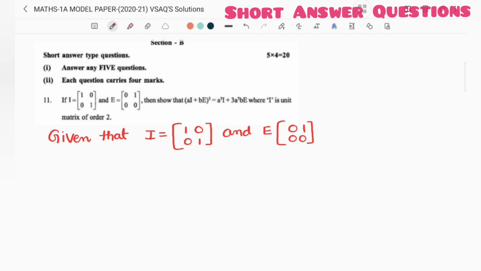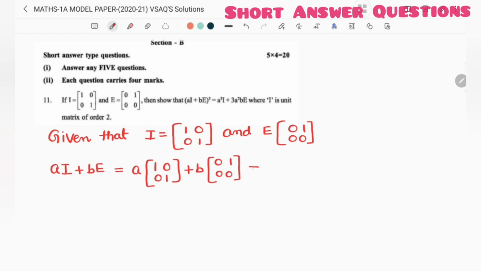Before going to calculate the whole cube, we can calculate the aI plus bE value. aI plus b into capital E. A is a scalar, I is the identity matrix. So a into [[1,0],[0,1]] plus b into capital E [[0,1],[0,0]]. Constant into matrix means every element of the matrix is multiplied by the constant.